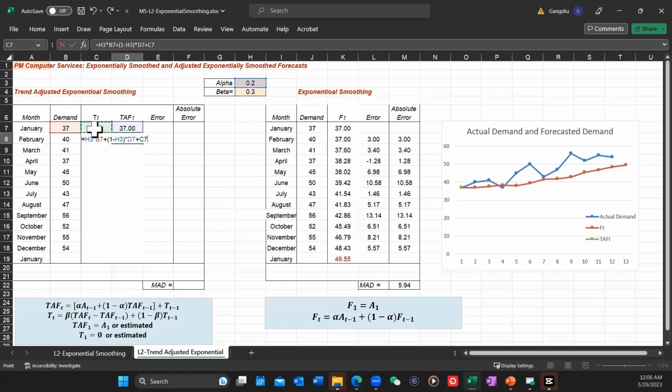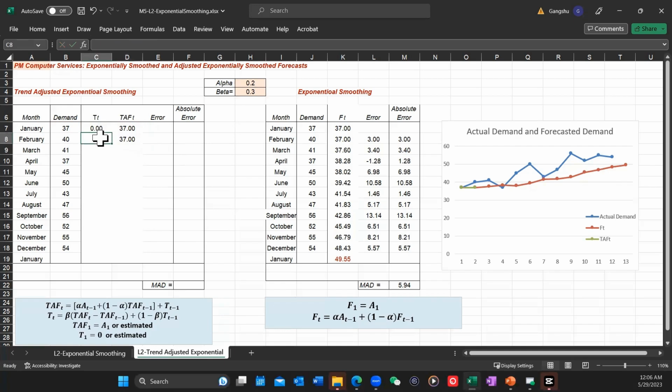Okay, so that's our equation for the forecasted demand for the next period. And we are going to fix the share of the alpha as well, so that when we use this equation to fill other cells, it will not shift the values. So we are ready to say, okay.